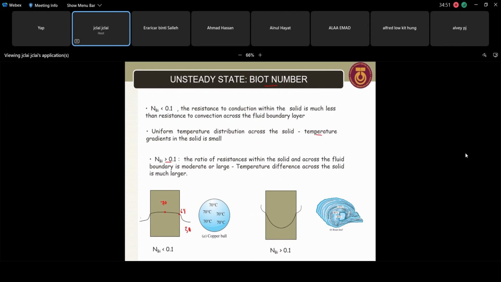For example, the beef: the center is 40 degrees Celsius, but the surface is at 110 degrees Celsius after 5 minutes of cooking, maybe in an oven of 200 or 150 degrees Celsius. This is how we determine which system a body falls into.